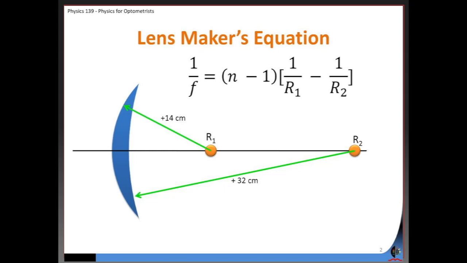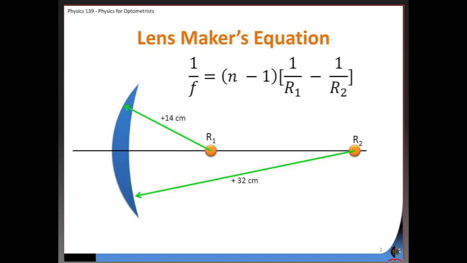So, for the maker of any lens, knowledge of the radius of curvature is required. R1 and R2 indicate the radius of curvature. For the refractive index of the given material of the lens and the required focal length of the lens, there is an equation: 1/f = (n − 1)(1/R1 − 1/R2).